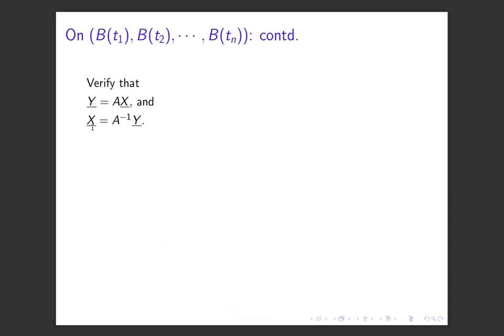And the other way around, x bar can be expressed as A inverse of y bar. And also it's clear that the determinant of A is 1.